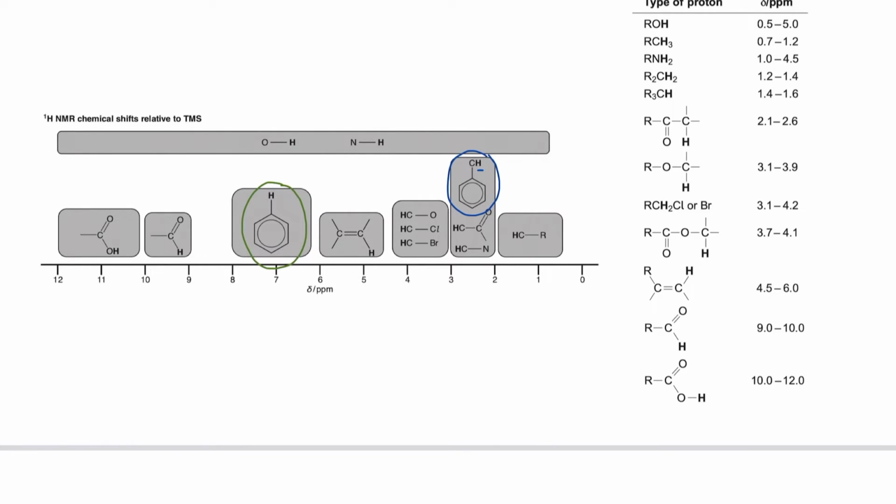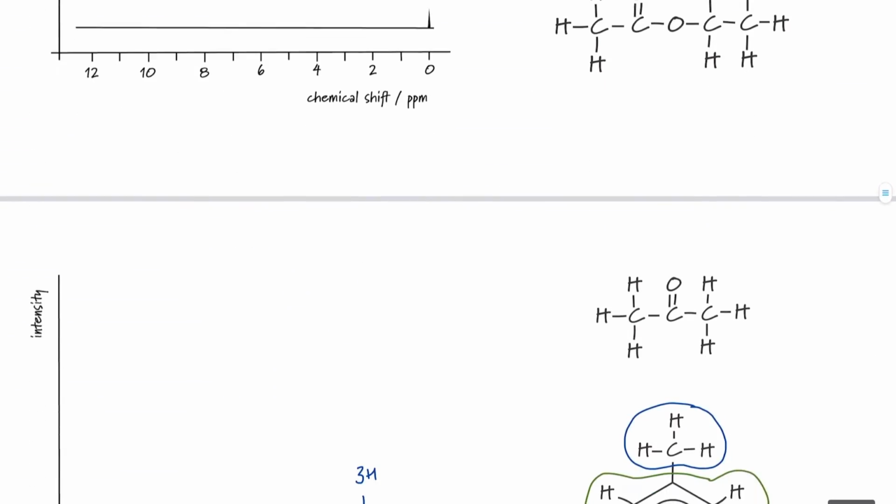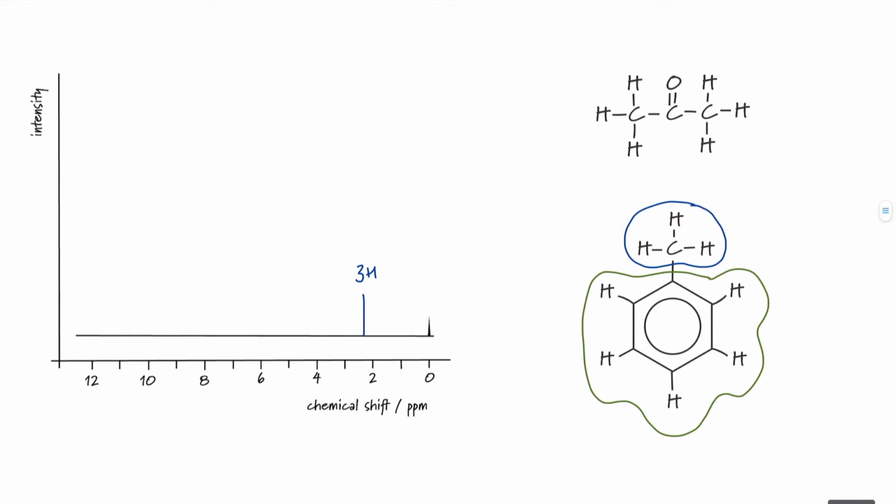Maybe 6.2 to 8. And we find in practice that these protons give us a chemical shift at 7. I'm going to make it slightly messy to indicate that actually these protons are not exactly in the same chemical environment, and we'd have 5H written above that peak there.